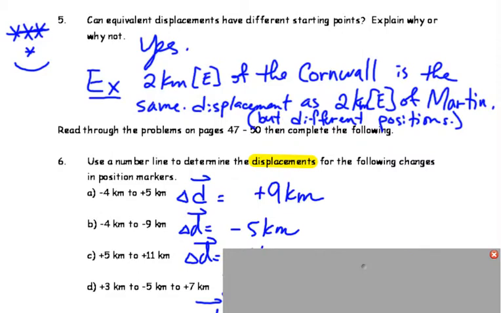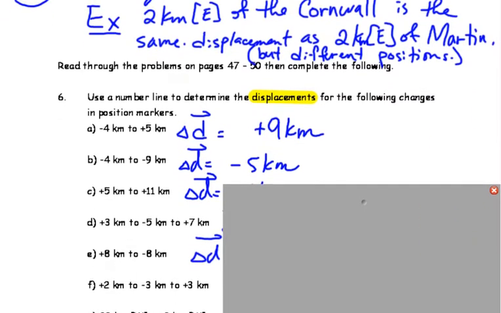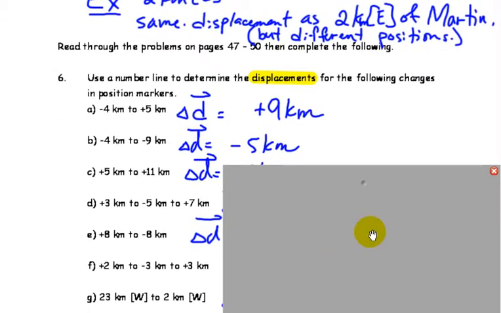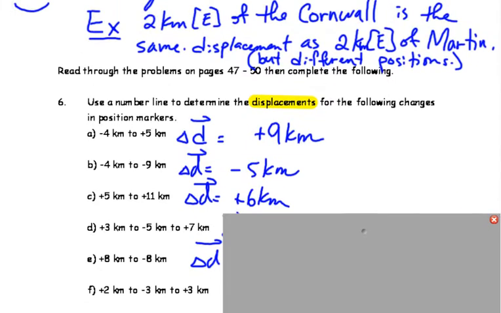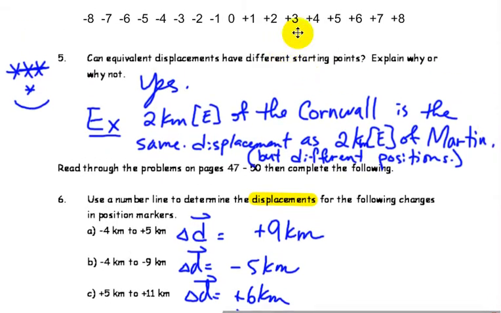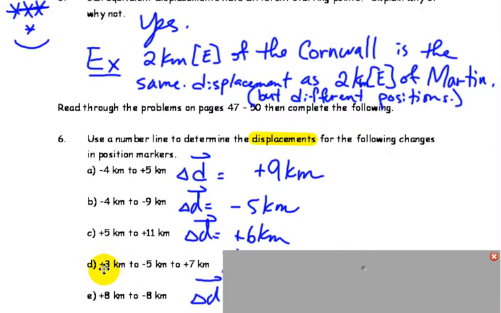So see if you can do it. Actually, I'll do the next two here. +5 to +11, so starting at the 5, going to the 11, it's +6. Now this one here is kind of tricky because you're going from +3 to -5 to +7. You started off at +3.